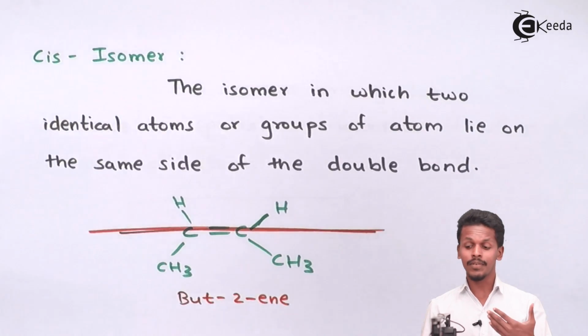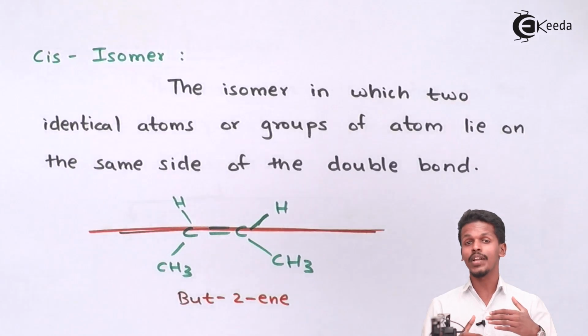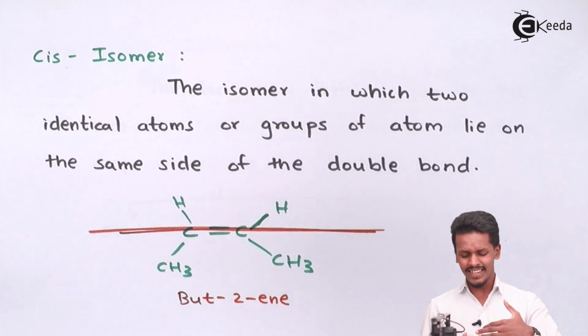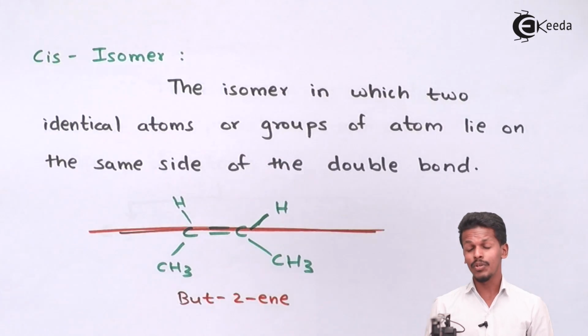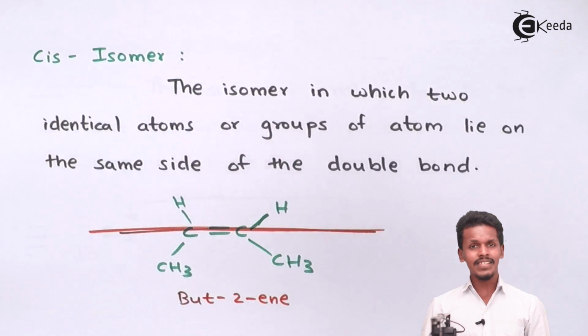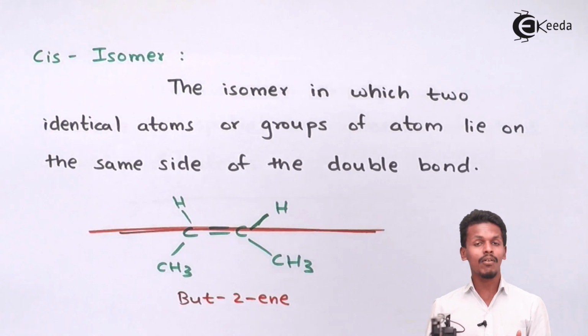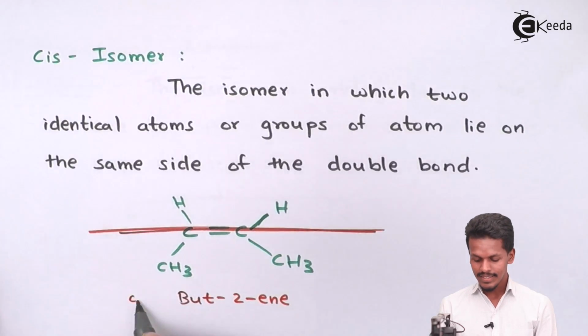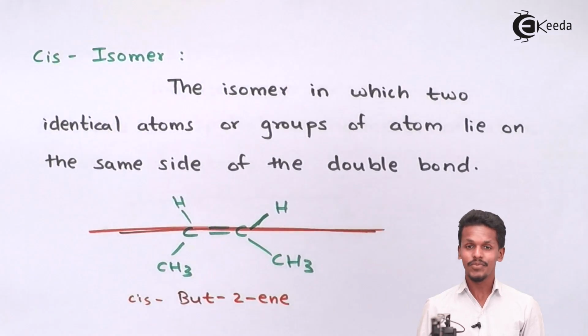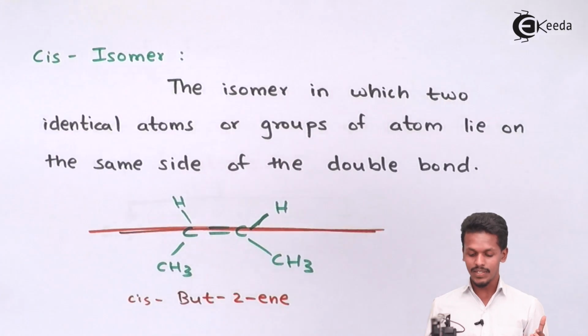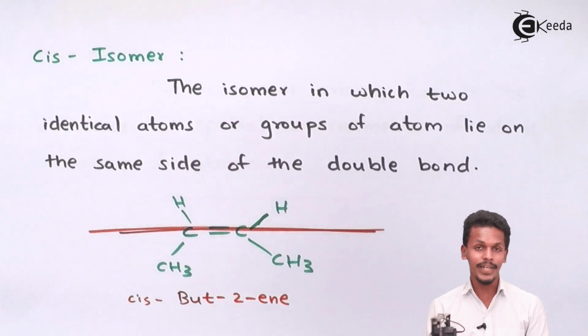While the hydrogens are present on the other side, that is on the upper side in 2D. Since these 2 groups are on the same side and the other 2 atoms are also on the same side, this would be called cis-but-2-ene. So this is a geometrical isomer which represents cis-but-2-ene.